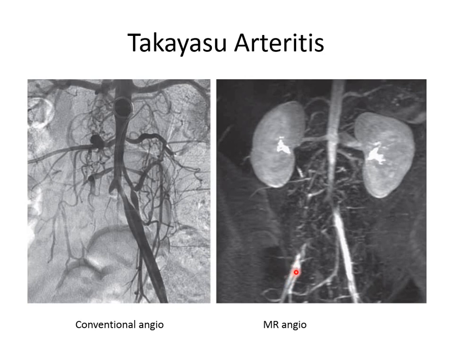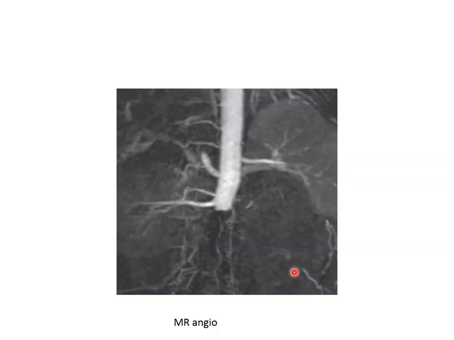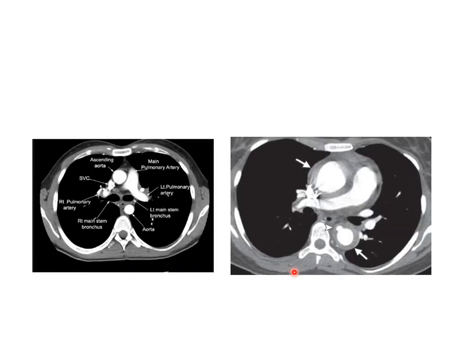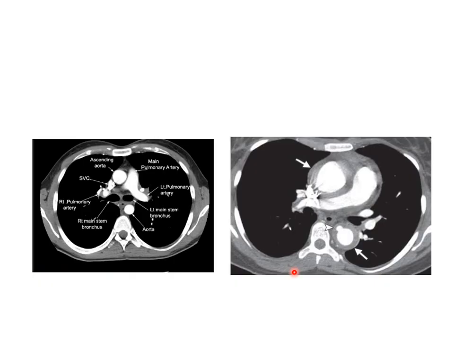So Takayasu causes occlusion or thrombosis or narrowing of the lumen of the aorta according to the degree of inflammation of the wall. Here, I just want to compare the normal and the abnormal.